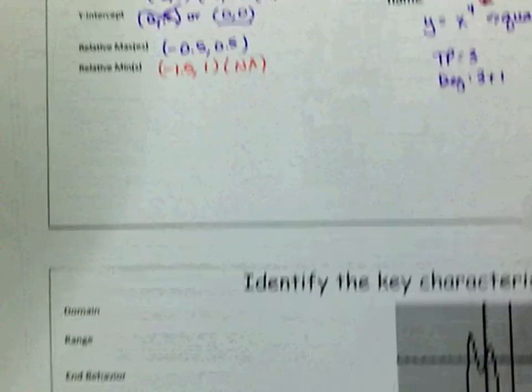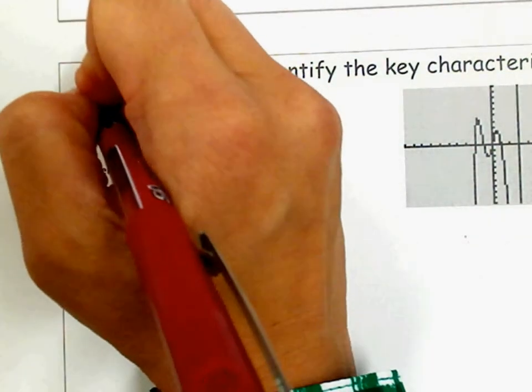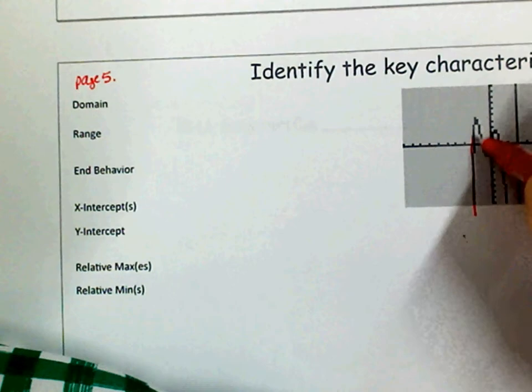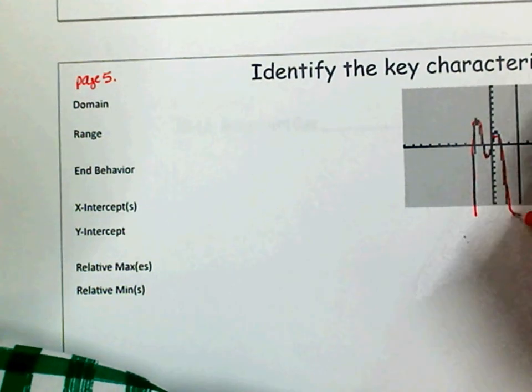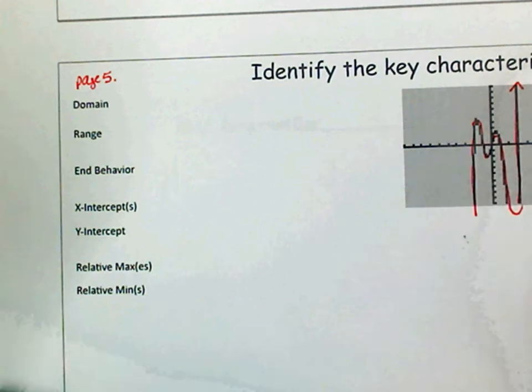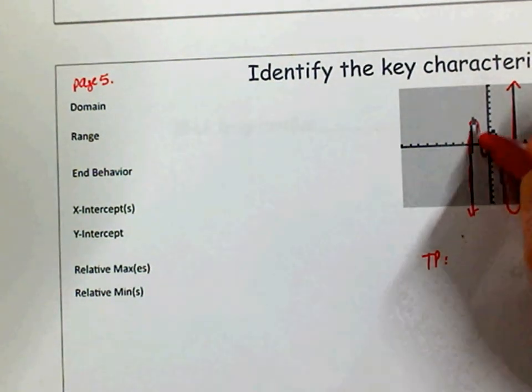Let's look at the next one, page 5. Okay. We don't know a lot of things here. So we got a graph that looks like this. But I just wanted to get you guys to naming it. So let's take a look. Turning points, 1, 2, 3, 4.